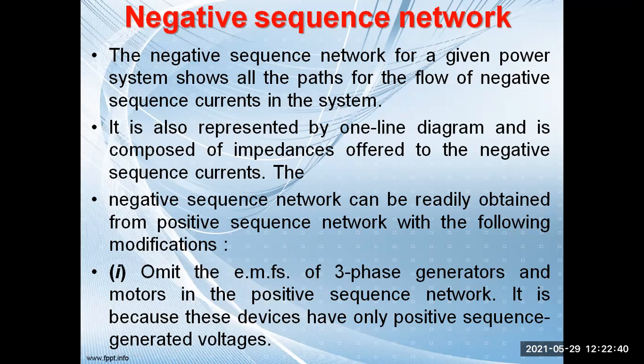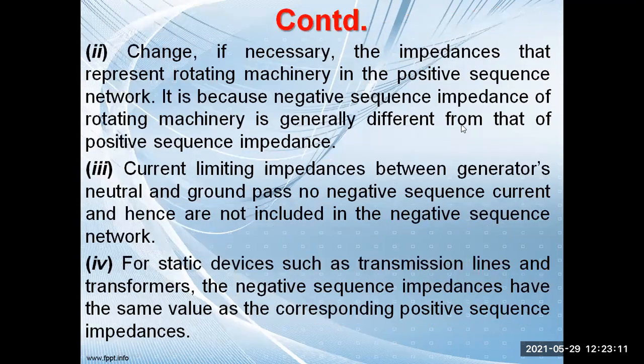First of all, we omit the EMFs of the three-phase generators and motors in the positive sequence network, because these devices have only positive sequence generated voltage. You have to remember that the generated EMF will be represented only in the positive sequence network. No generated EMF will be represented in the negative sequence network, which will have only the negative sequence reactance.